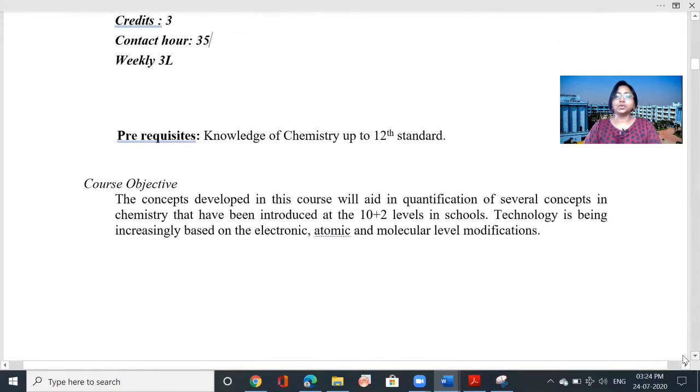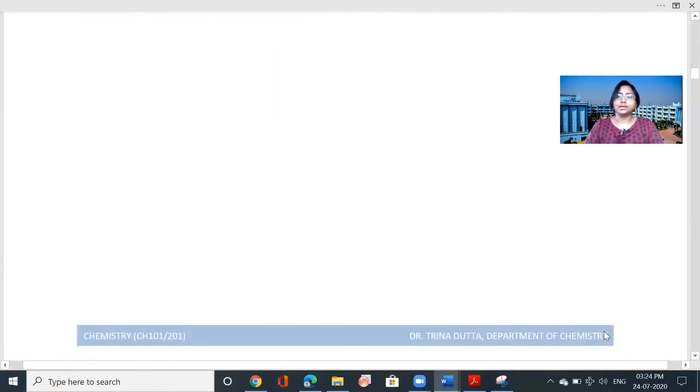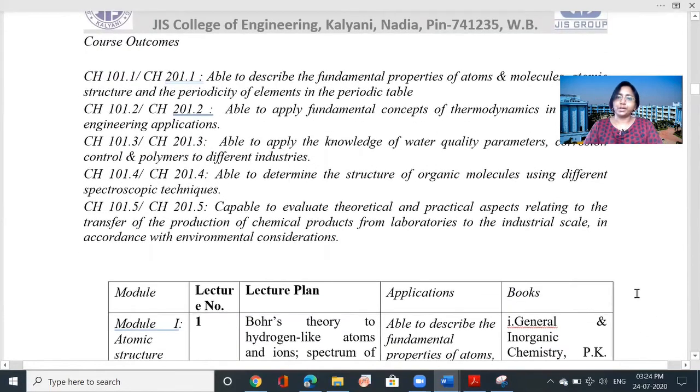About the course objective, the students will learn several concepts of chemistry. In the course outcome, students will learn to calculate the Gibbs free energy and the cell EMF from this lecture, and they can tell which one is spontaneous and which one is non-spontaneous.